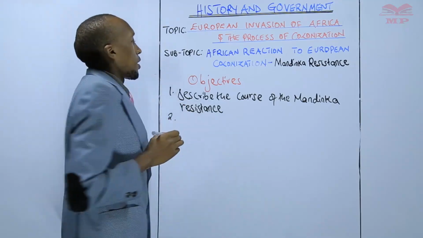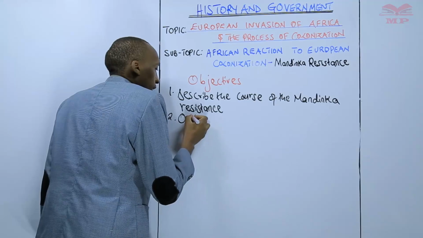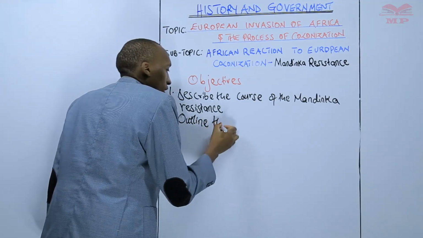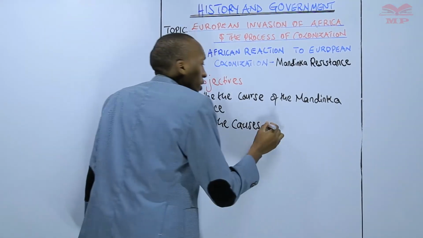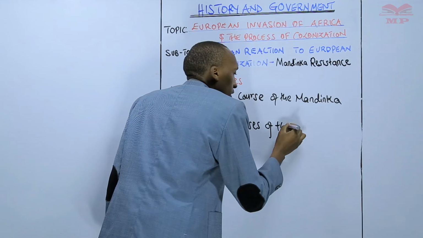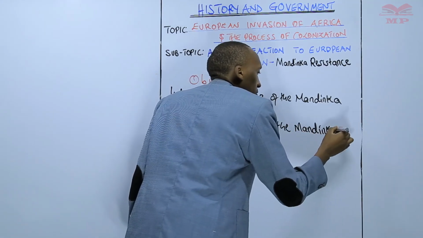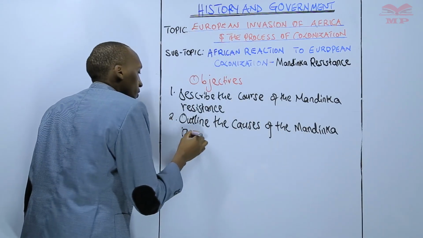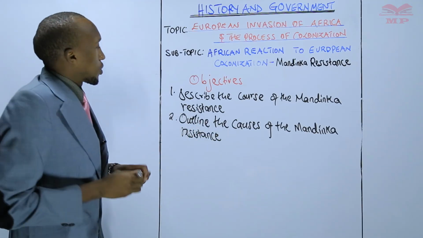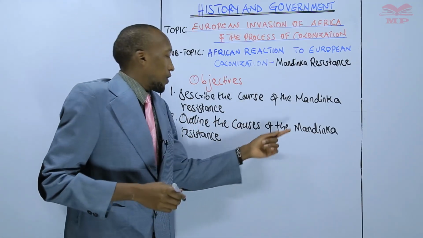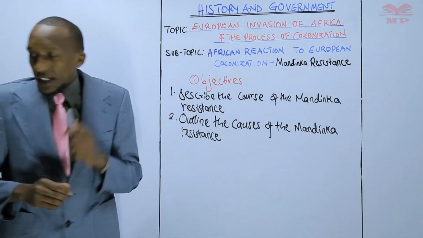And two, you should be able to outline the causes of the Mandinka resistance. That is our second objective for this lesson.